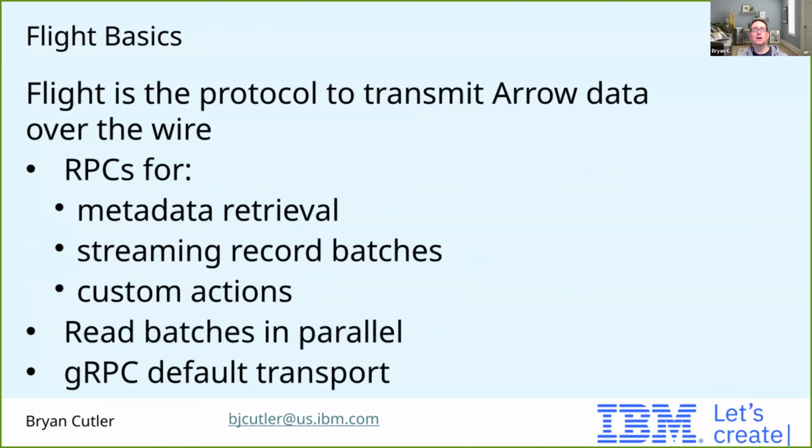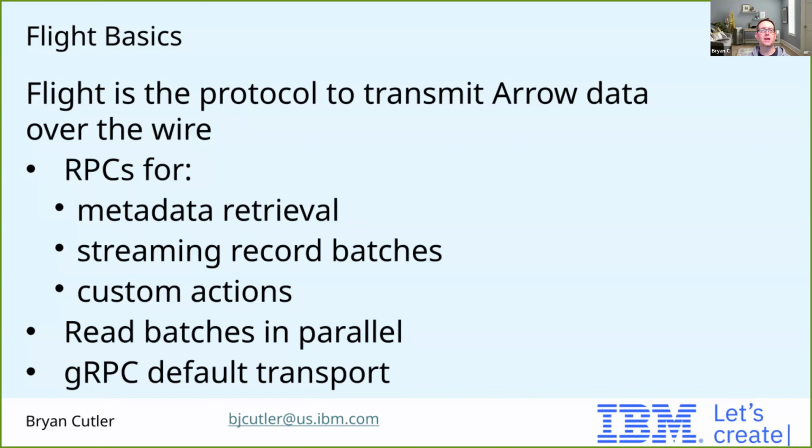Now, Flight is built on top of Arrow, and it is a protocol that's designed to transmit Arrow data over the wire. So you can think of this as a collection of remote procedure calls that allow you to do the kind of standard things you'd want to do to connect to remote data sources. So things like metadata retrieval, streaming record batches, making calls to custom actions to do different commands.